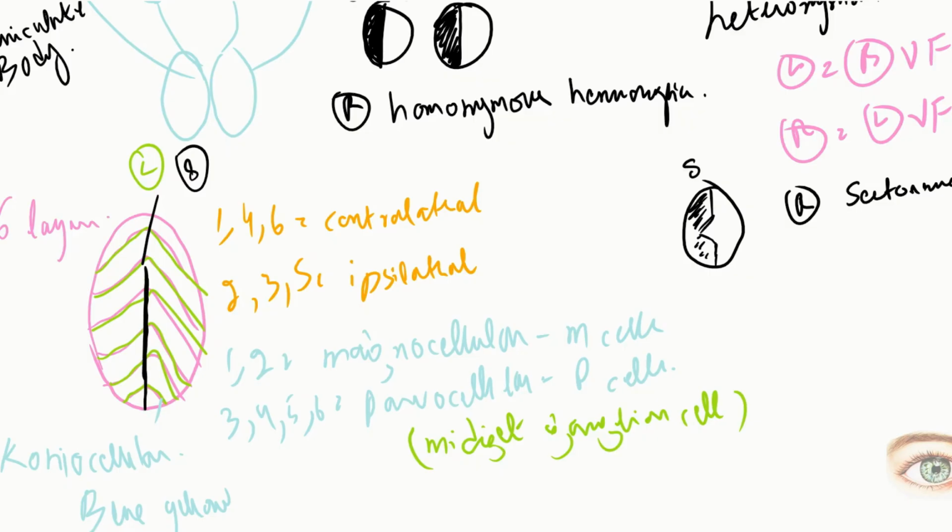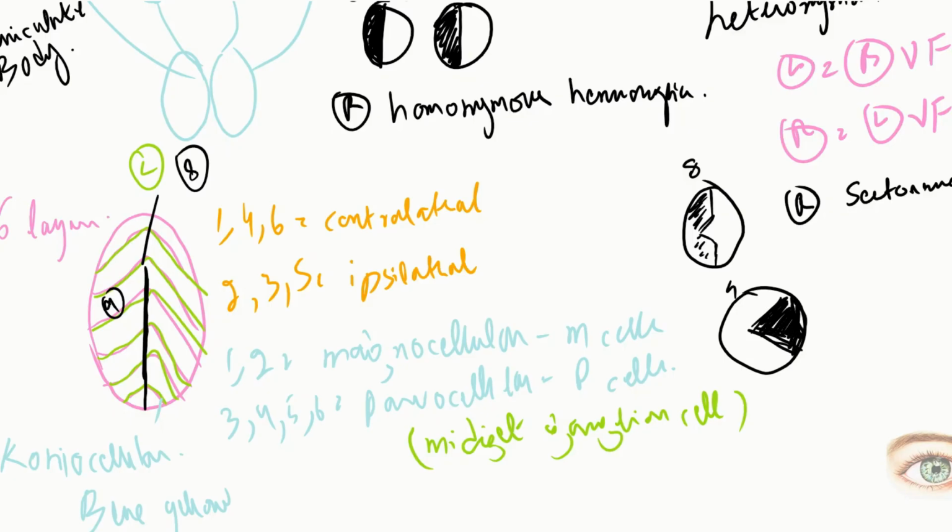Now, if there is any lesion in layers 3, 4, 5, and 6, it is also going to cause a sectoranopia, but involving the central region.